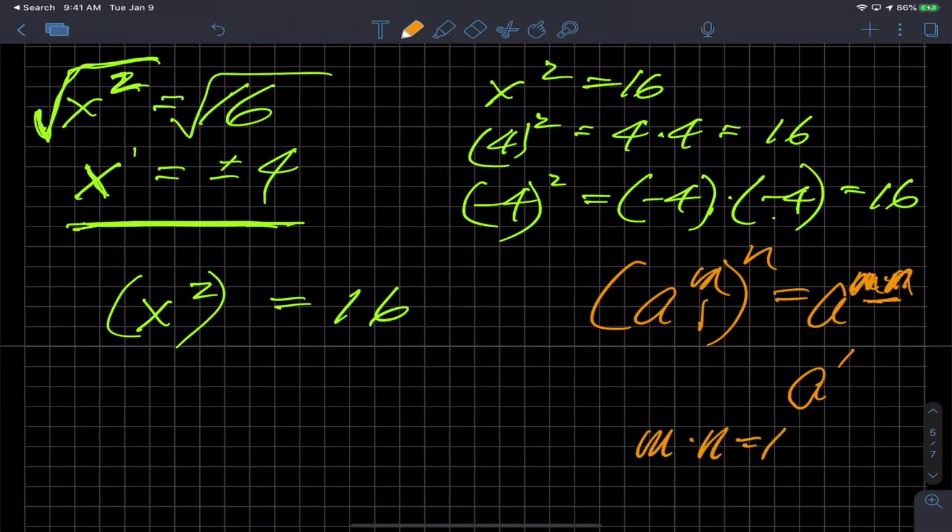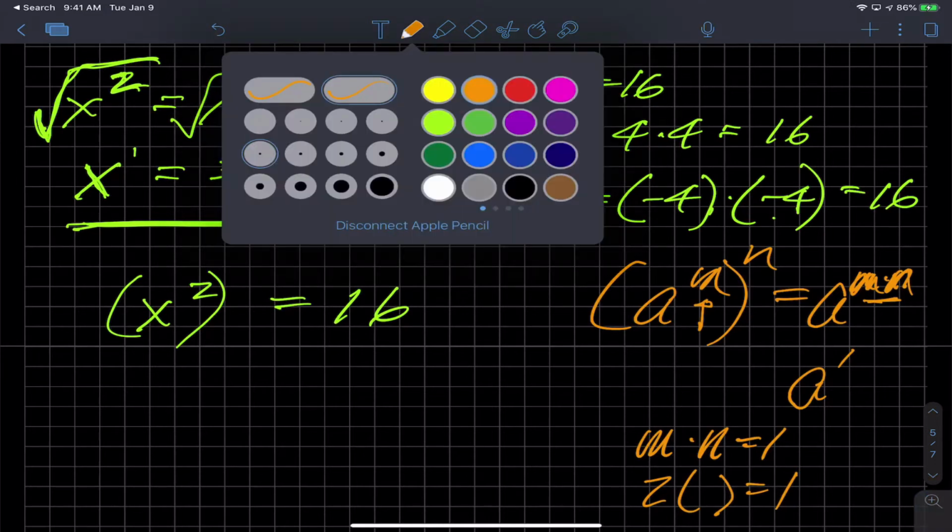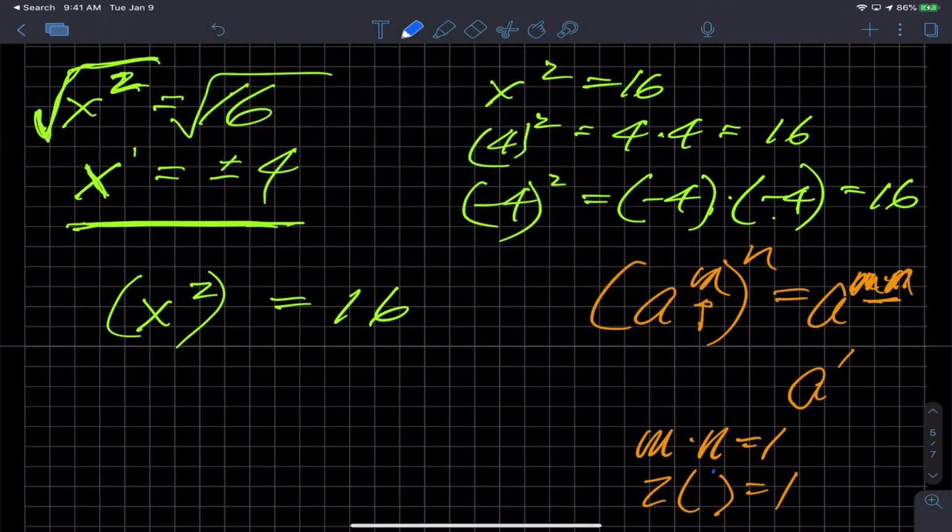But I already know that this m is 2. So what do I multiply times 2 in order to make that expression on the left equal to 1? Hopefully you're saying, well, I need to multiply that times 1/2, which means this n is going to be 1/2. So I'm going to raise the left-hand side to the exponent of 1/2. If I do that, I must do the same thing on the right.